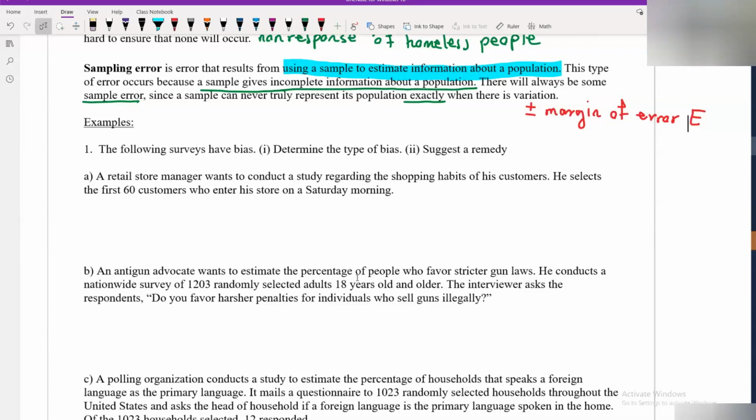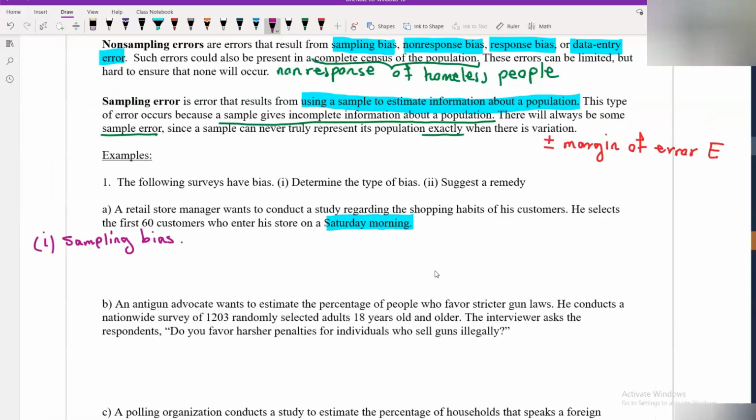He selects the first 60 customers who enter his store on Saturday morning. Since the population was not just Saturday morning, this one is a poor frame, and here we have undercoverage.